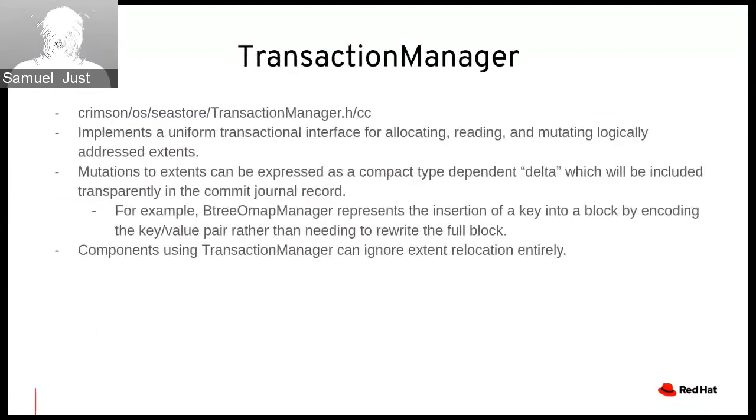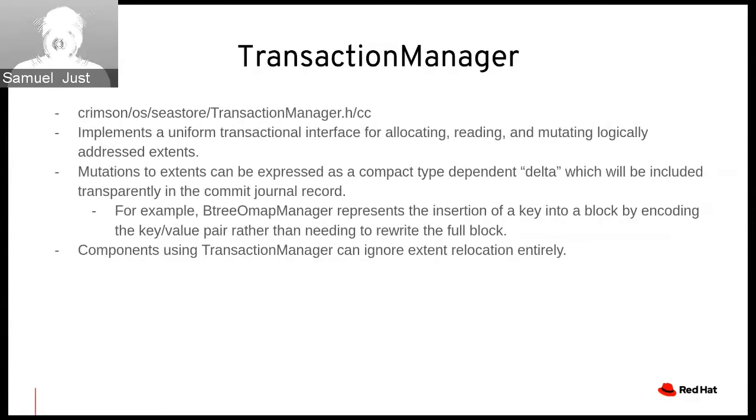So this transaction manager is the intermediate layer between everything I've mentioned so far and the lower level implementation details. This is the layer responsible for maintaining transactional atomicity, and it's responsible for detecting conflicts between transactions. Users of this interface can create a dependent delta data type, which can be included transparently in the commit journal record.